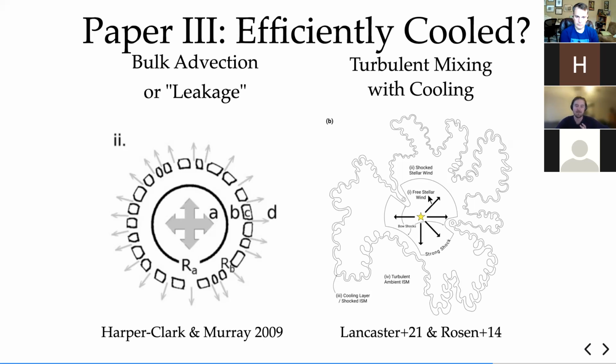On the other hand, you have energy being efficiently removed by turbulent mixing with cooling, as discussed in Anna Rosen's 2014 paper, which we expanded on and gave a model to here. So which of these two scenarios is dominant? Is it true that cooling is still extremely important, or does bulk advection play a role?